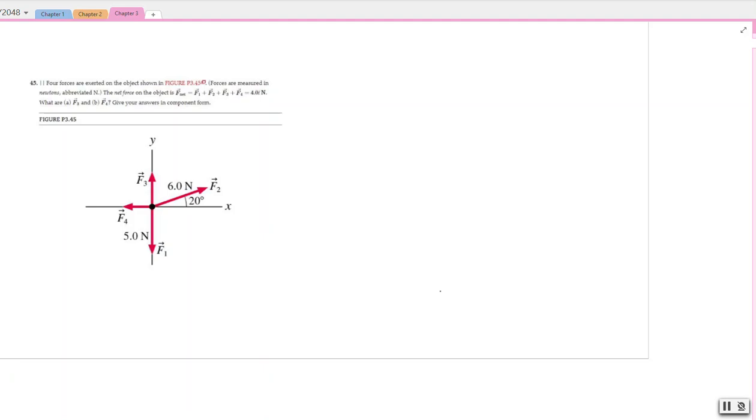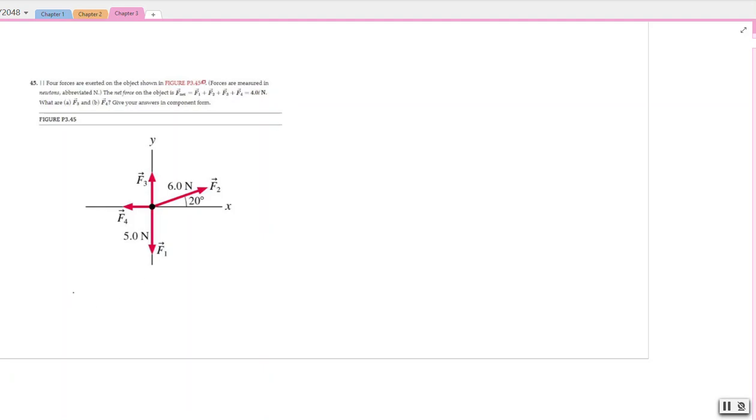So the first thing I want to do in this case, given that I know the net force in the x direction, is 4.0 i newtons, right?